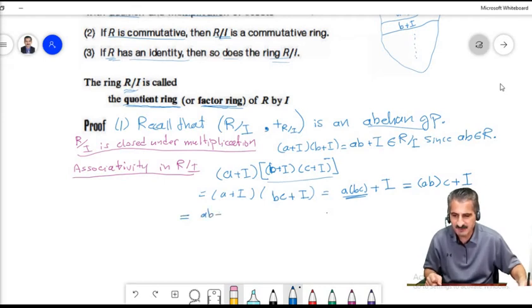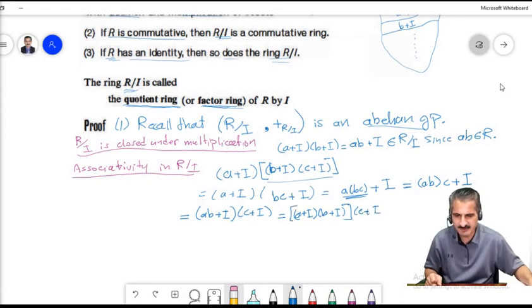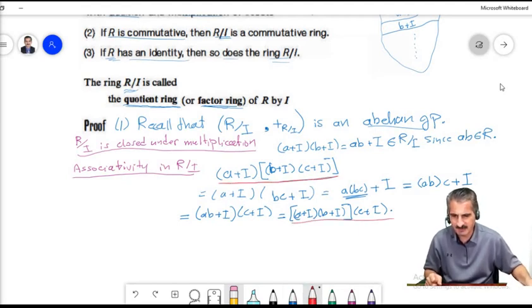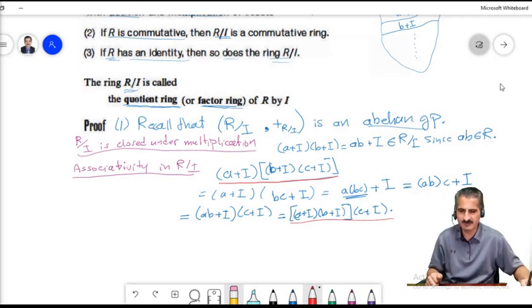So it is ab plus I times c plus I. But this is the same as a plus I times b plus I, and then all of that times c plus I, and then associativity done. So we started with this and ended with that, and this gives the proof of associativity.